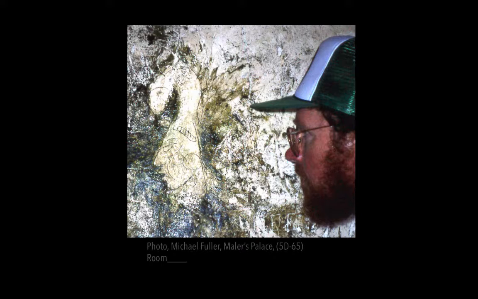For purists, the idea of modern graffiti and ancient graffiti together is a problem, because often modern graffiti will overlay and scratch out the ancient graffiti, and we have this very precious view of ancient life missing.